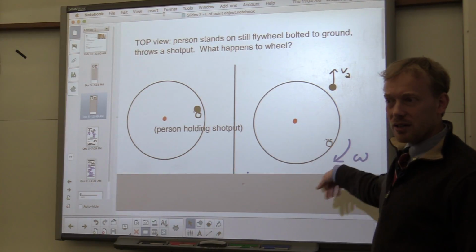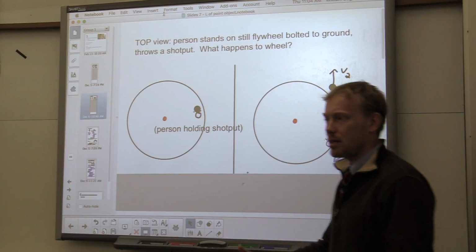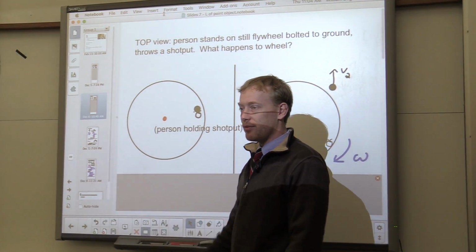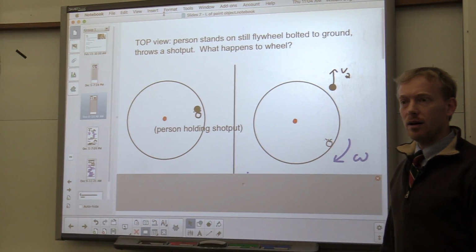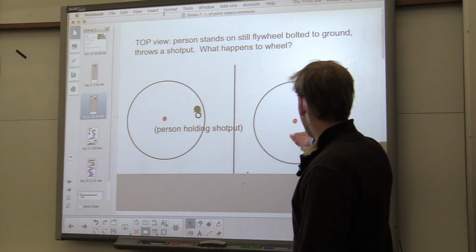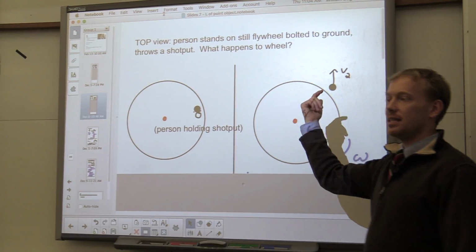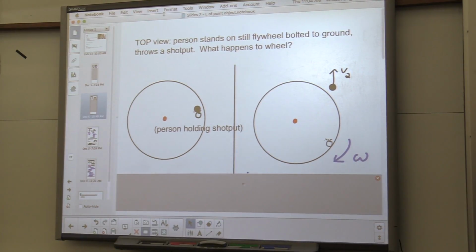I guess this drawing asserts that afterwards the person, and you can imagine that the person is attached by friction to the wheel. This asserts that in the final picture there's an angular velocity in what direction? So clockwise. Yeah.